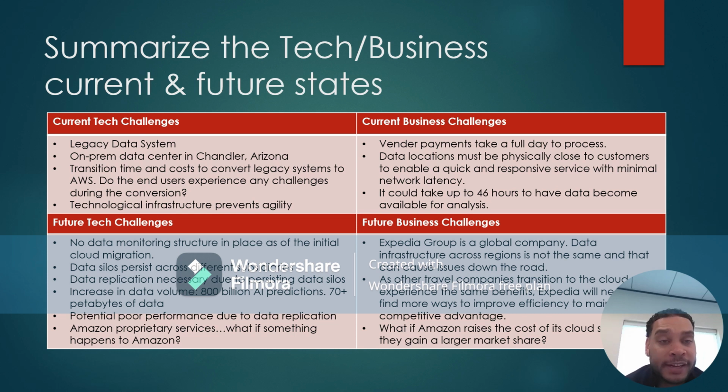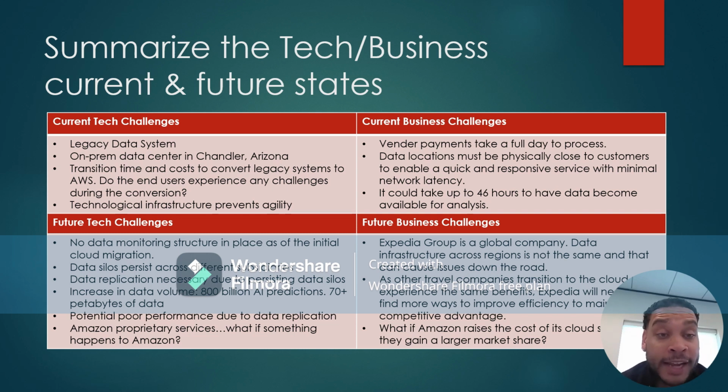So the future tech challenges after the cloud migration: there was no data monitoring structure in place because now they were kind of spread out, and especially because they have so many different brands under the Expedia umbrella, they had a lot of different data structures that they were dealing with. So that future challenge was going to be an issue.